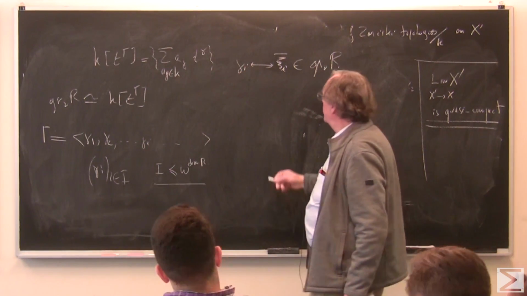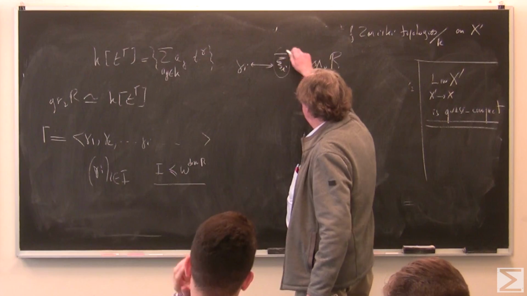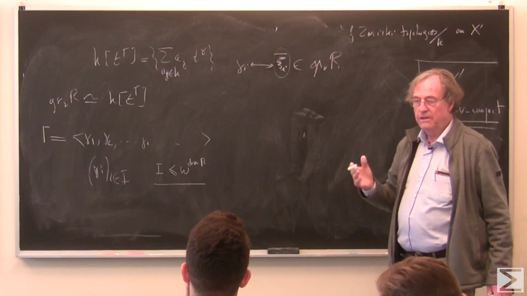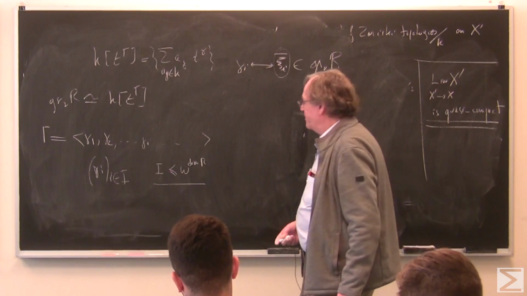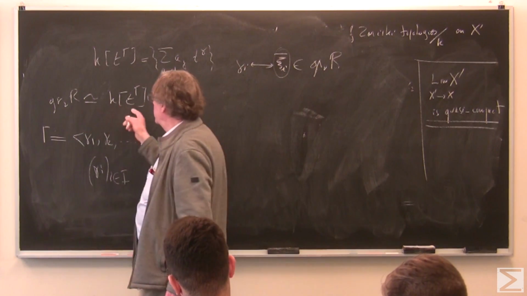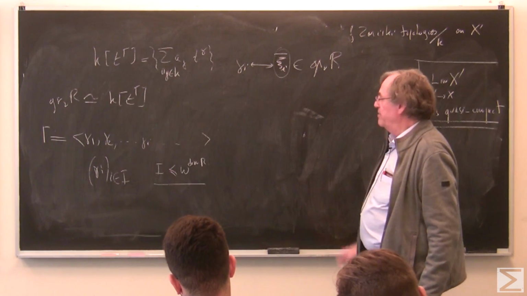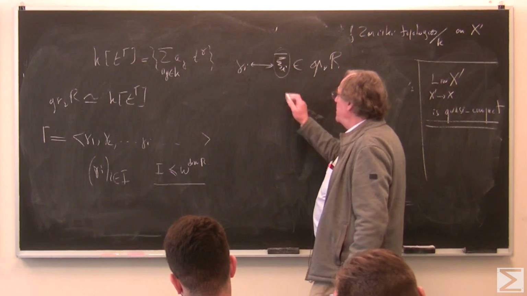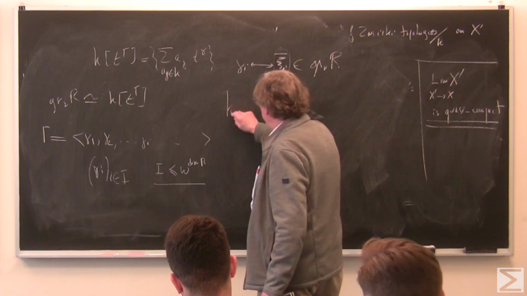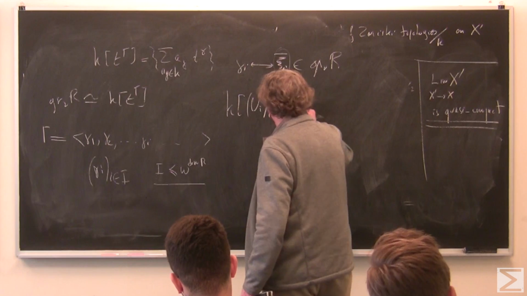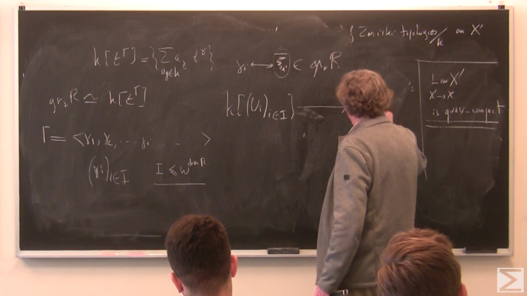That's clear. Okay, so this guy is not uniquely defined. It's uniquely defined modulo multiplication by a non-zero element of K star. And this is why this isomorphism is not at all canonical, because it depends on the choice of the generators here. But then when I have generators of an algebra, the first thing I want to do is to present it as a quotient of a polynomial ring.